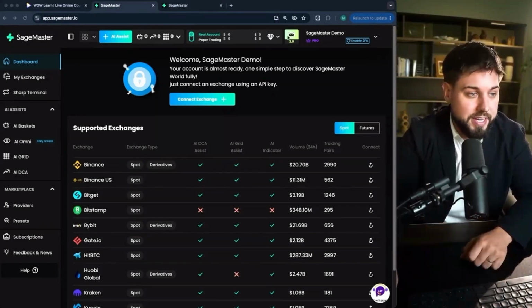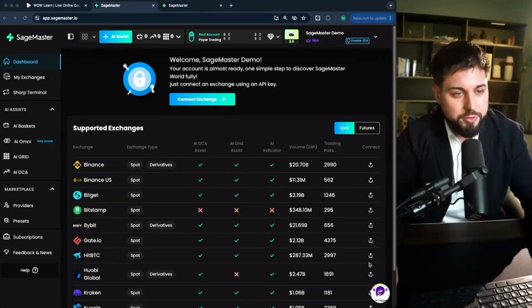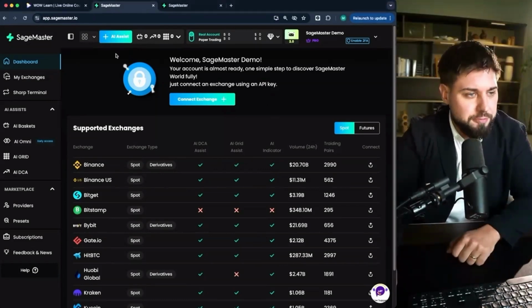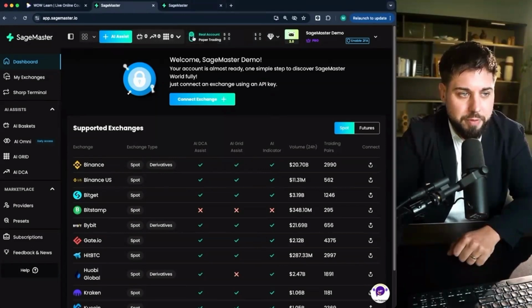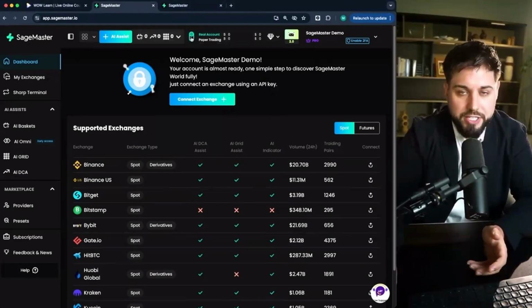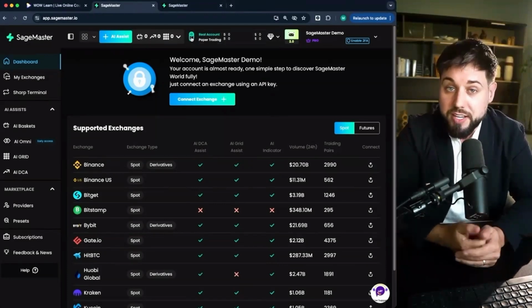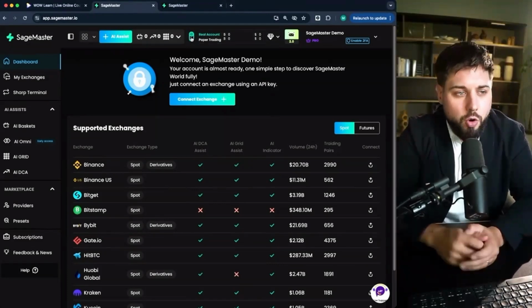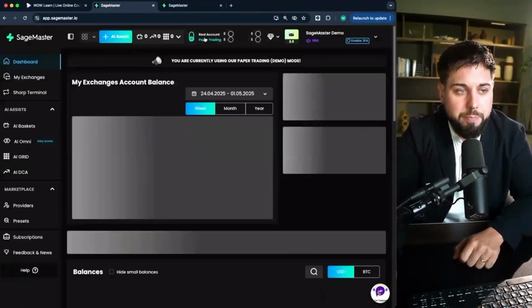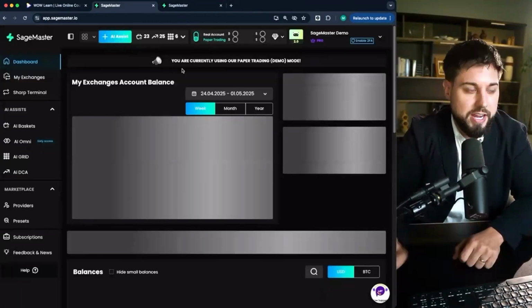When we're looking at SageMaster Crypto, logging into the platform, you'll see first thing real account and paper trading, where you can connect a real exchange, a spot account or a futures account, or you can trade with the paper trading feature to learn trading.